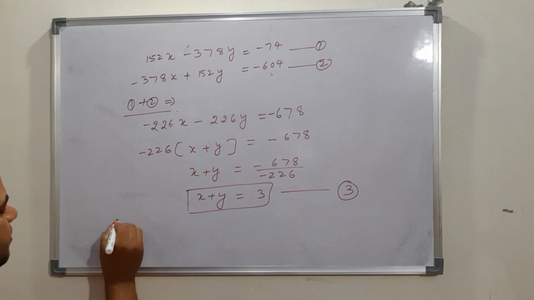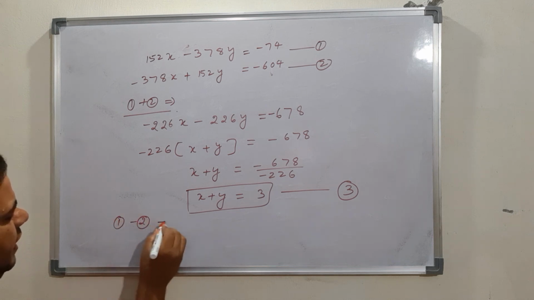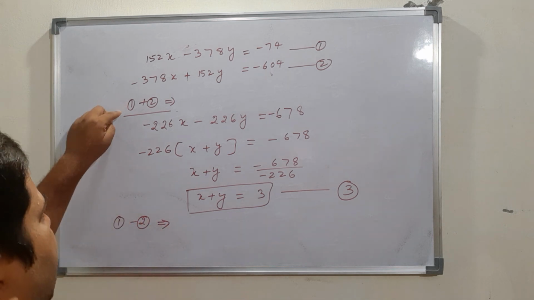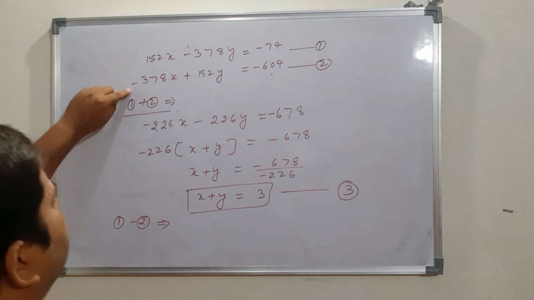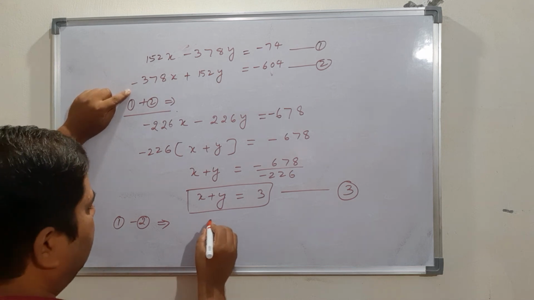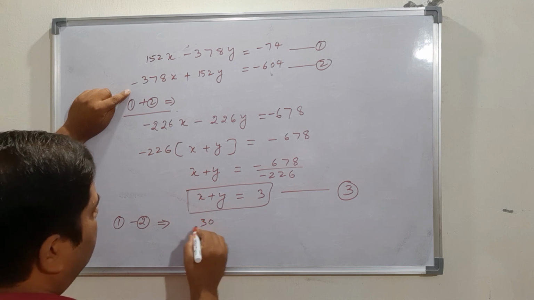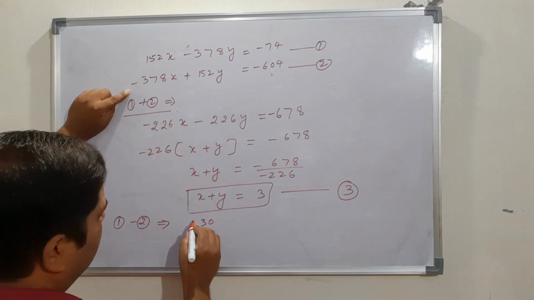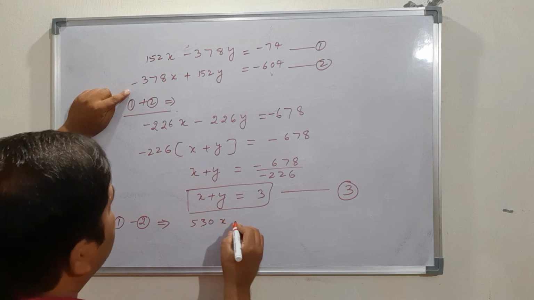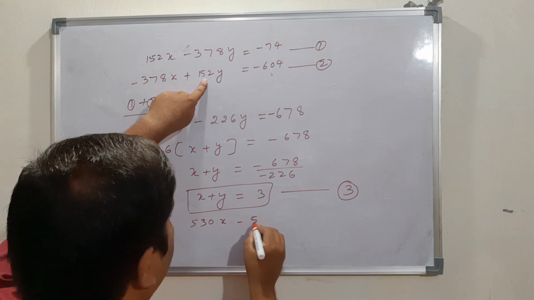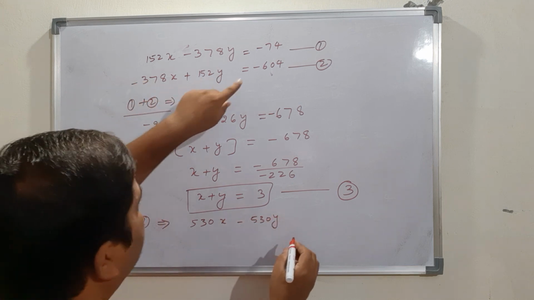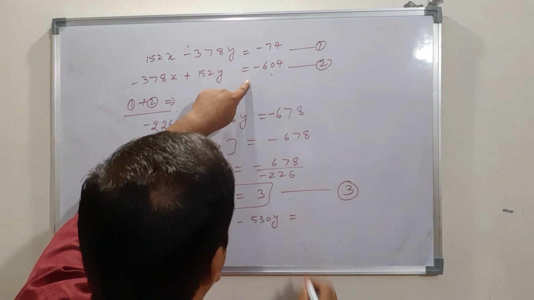Again you should subtract. 1 minus 2 implies, if you subtract it, this is positive, 530x, again this is minus 530y, and this is again what?